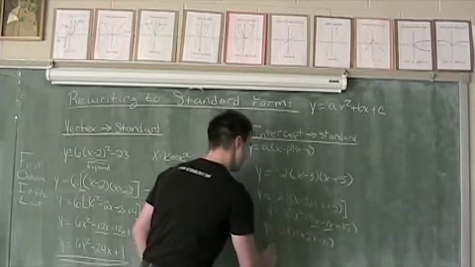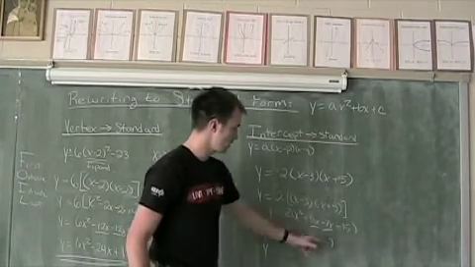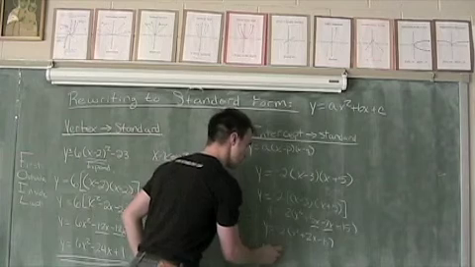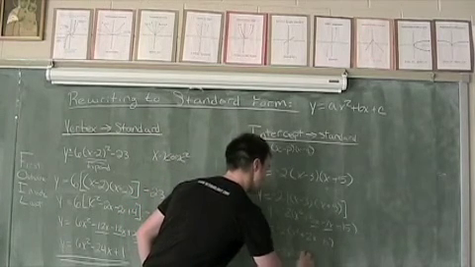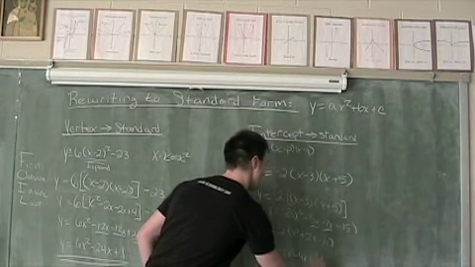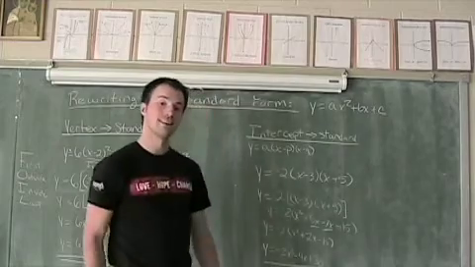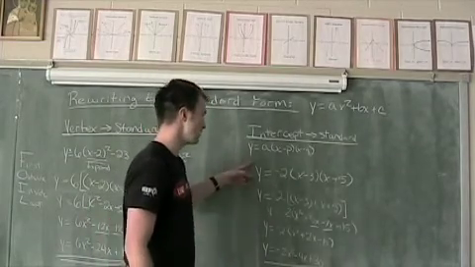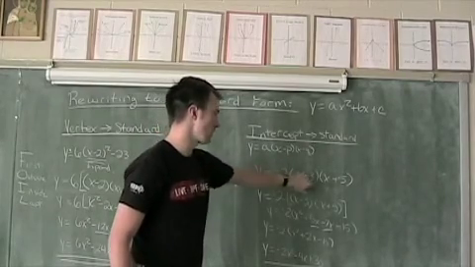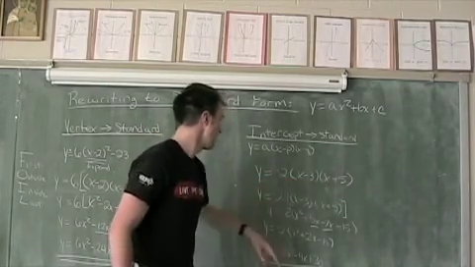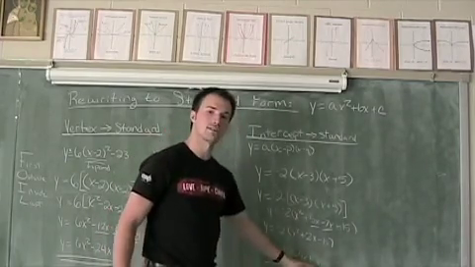And now I distribute this negative 2 to each and every term, and I'll get negative 2x squared minus 4x plus 30. So again, this is the standard form of the intercept form of this equation. So y equals negative 2 times the quantity x minus 3 times the quantity x plus 5 is actually y is equal to negative 2x squared minus 4x plus 30.